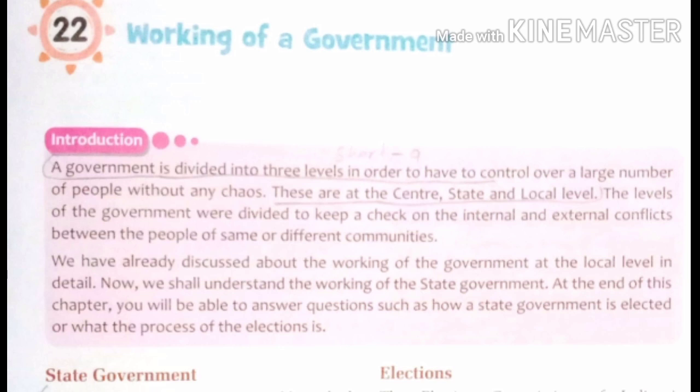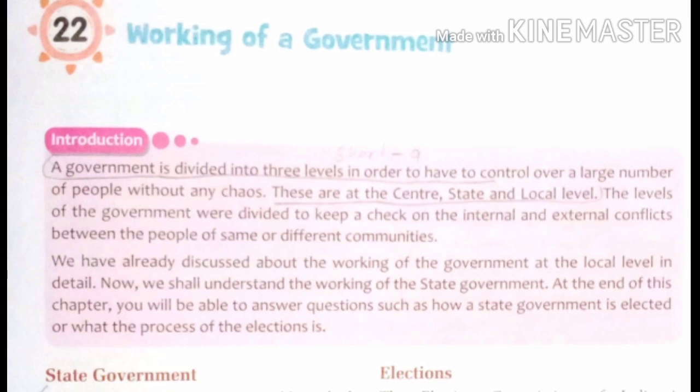Sometimes there is conflict between the people of the same or different communities because of some reasons. So who will sort out the conflicts? The government will sort out the conflicts.